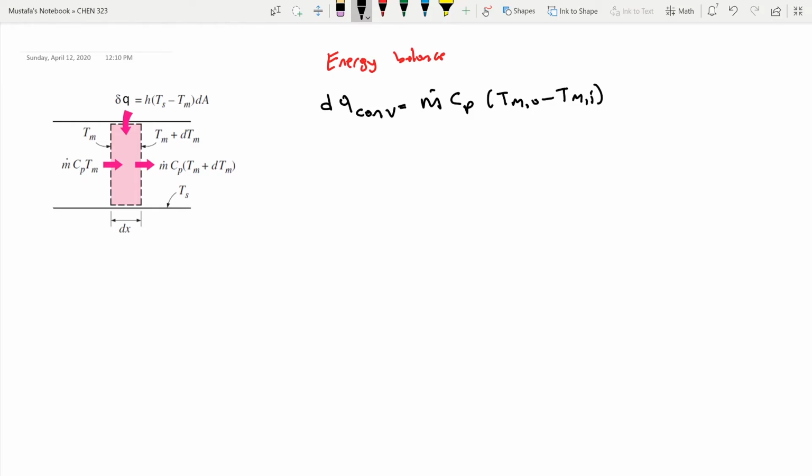For an infinitesimally small control volume of length dx, let's call this dTm. So dq convection is equal to mCp dTm, and we stated that in this case we have constant heat flux.